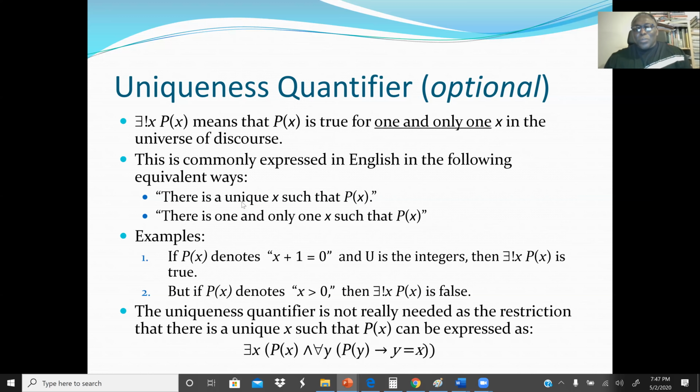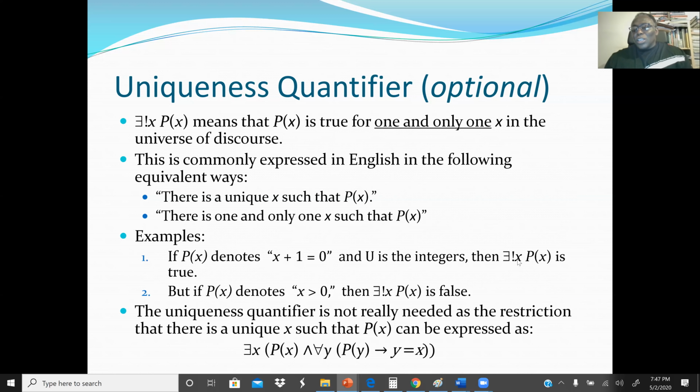Let's see an example, which may help us understand. If P(x) denotes that x plus 1 equals 0, and U is the integers, which means it can be positive or negative values, then what is the unique value that will make it true? It's only one value, which is negative 1. Negative 1 plus 1 is 0. Apart from negative 1, any value here will never give us 0.